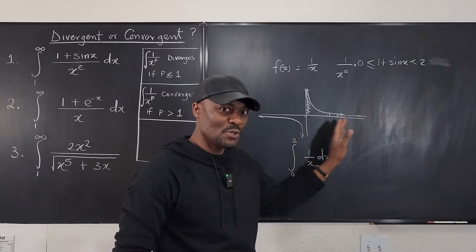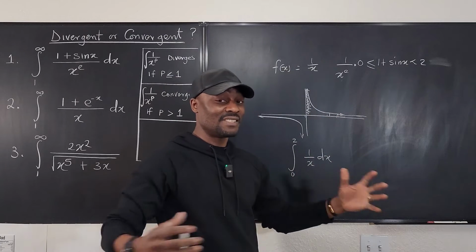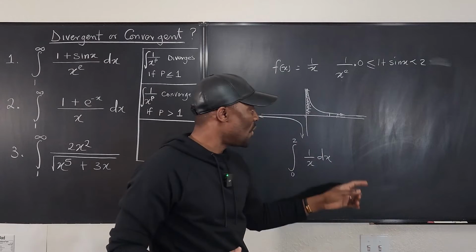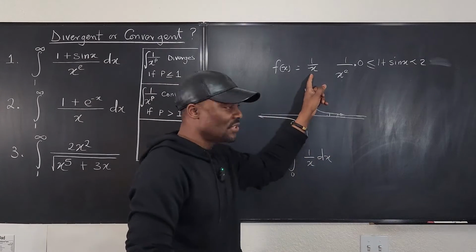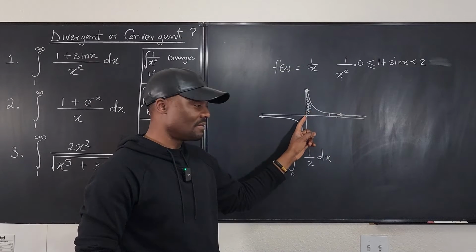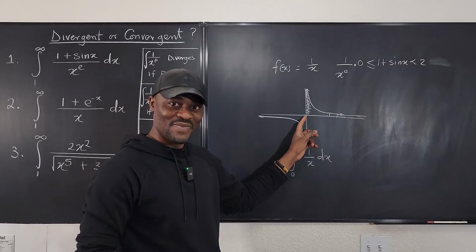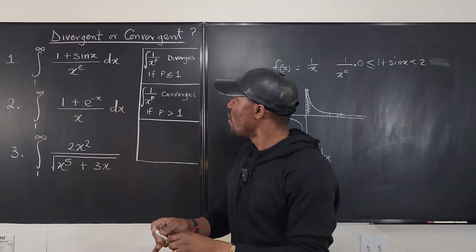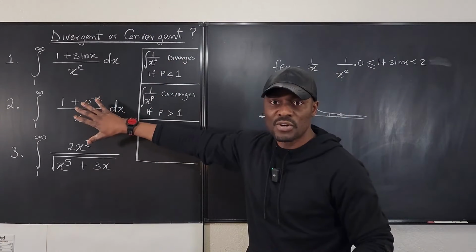But as you go to infinity, it becomes excessively large. You cannot calculate the area. And so this does not converge even as you go to infinity. It also does not converge if you start from 0. So it's a problem, and that's why you have to know these before you get into trying to solve this.